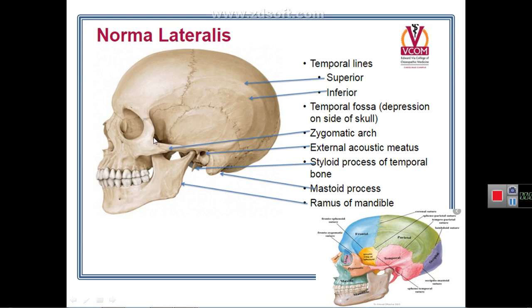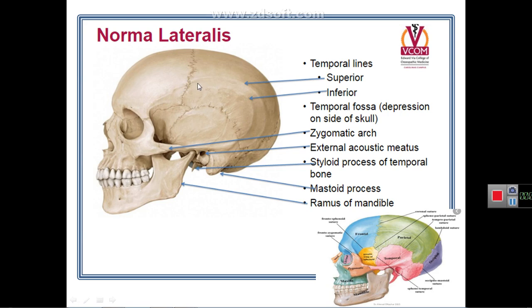Anteriorly, the temporal fossa is bounded by the posterior border of the frontal process of zygomatic bone and the posterior border of the zygomatic process of frontal bone. The upper border of the temporal fossa is formed by the temporal line that extends backward and upward, crossing the coronal suture.